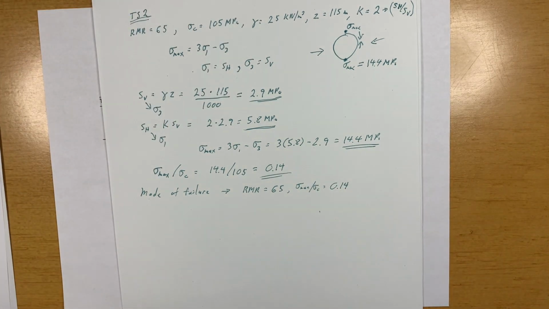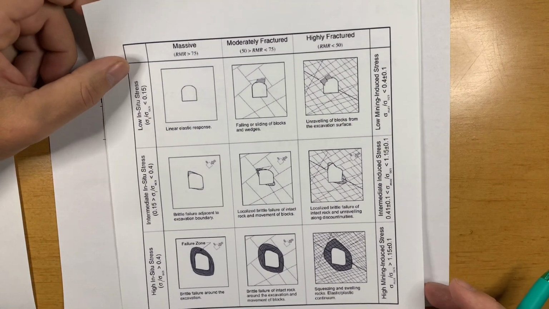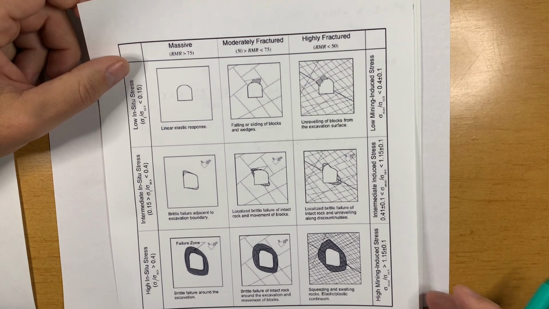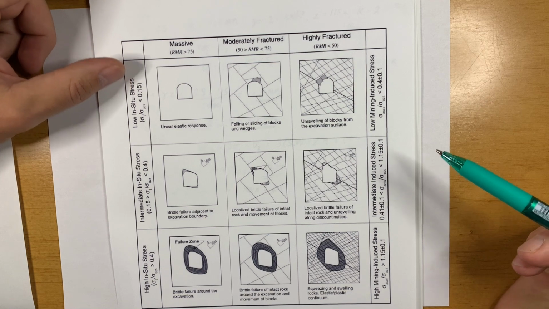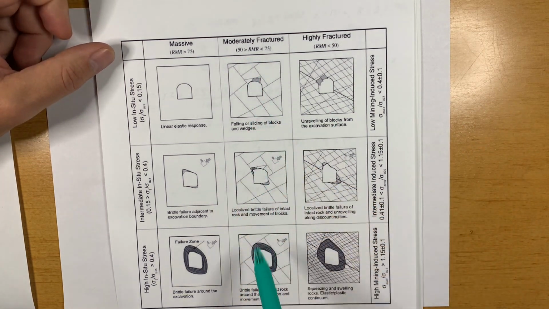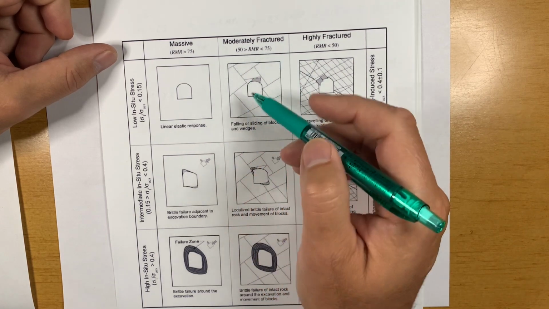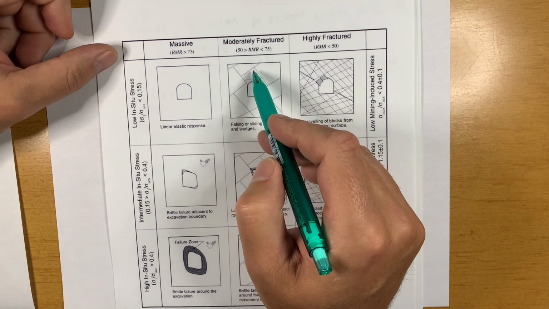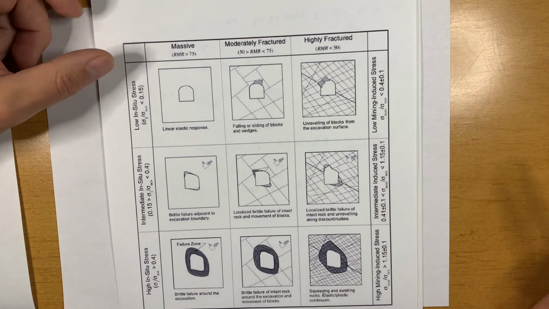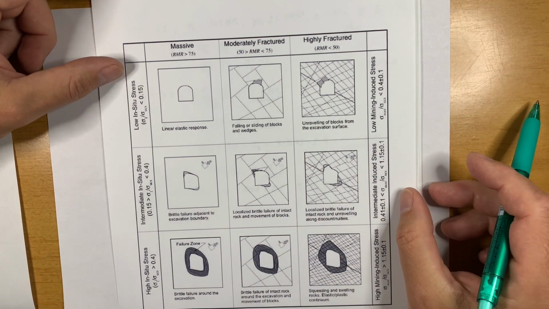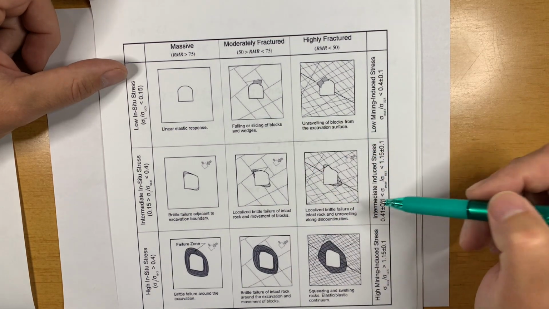So we're going to go over to our table, or matrix, and for RMR of 65, we're going to be in the center column. RMR is between 50 and 75, and it's worth noting that we're pretty much right in the center of that. We're not right on the edge. That's something you have to be wary of if you're transitioning from one mode to another. You have to pay attention to that, and the same with the stresses.